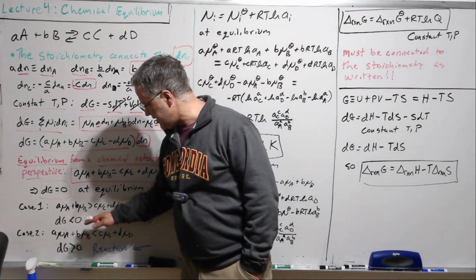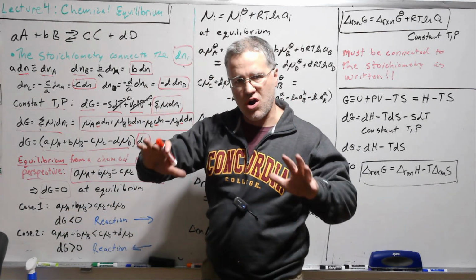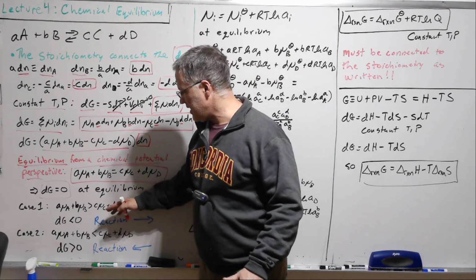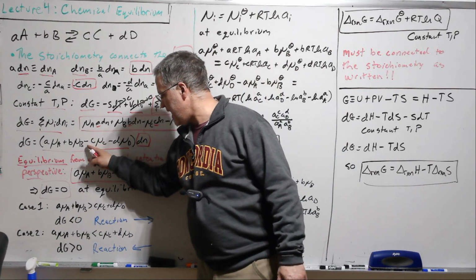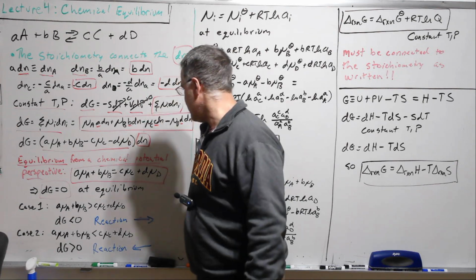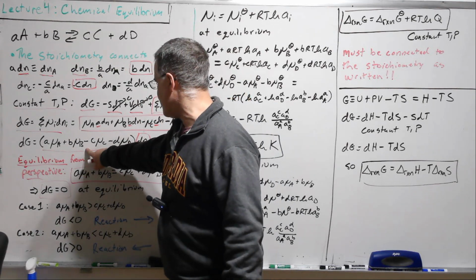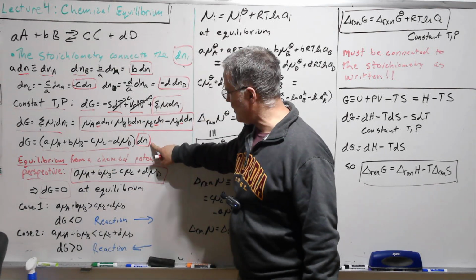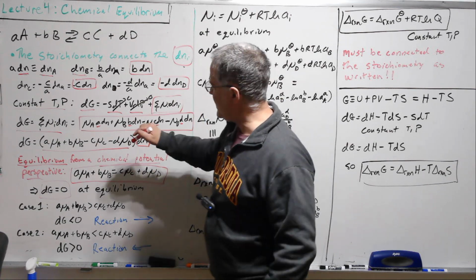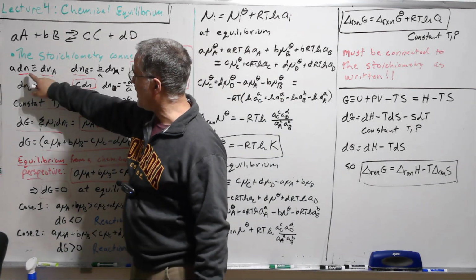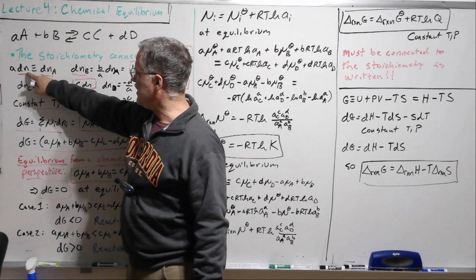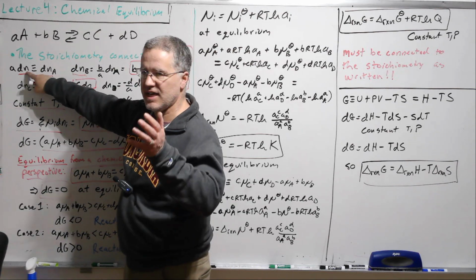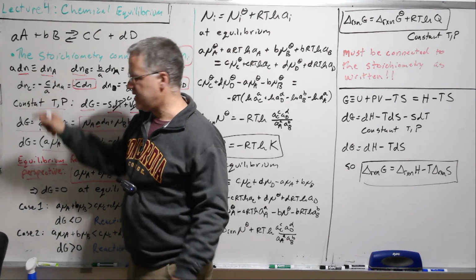Either the reactants are stronger than the products, then this will be a negative number. This will be a positive number. This will be positive, but dn will be negative, because remember how dn is defined: if dn is positive, then A is increasing; if dn is negative, then A is decreasing.